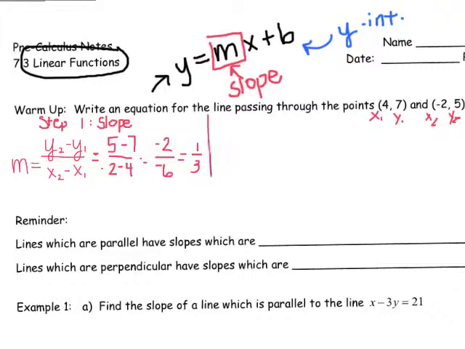Okay, so after I find my slope, I also need to be able to tell what the y-intercept is. There's a second formula that we used a lot in algebra, called the point-slope formula. The reason we call it point-slope is that if you know a point you want to pass through, and you also know the slope of your line, then you can use this formula. So we'll call that step 2, point-slope formula.